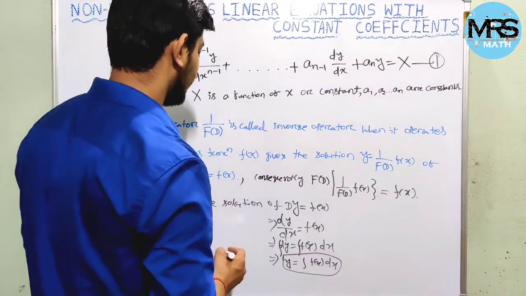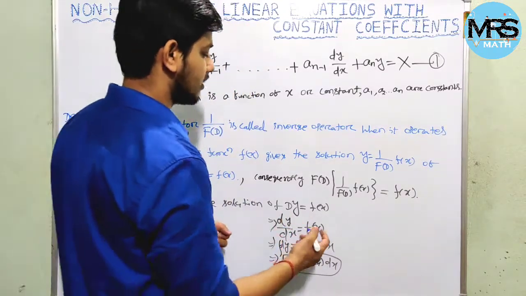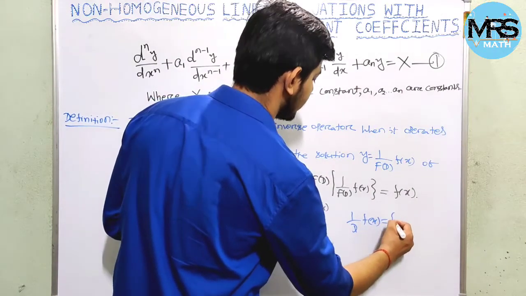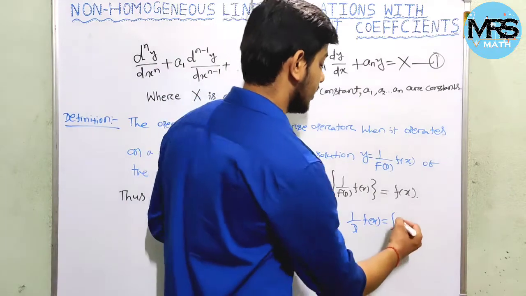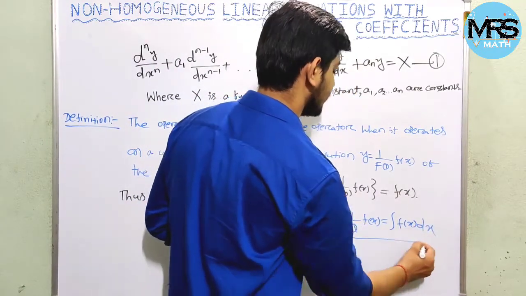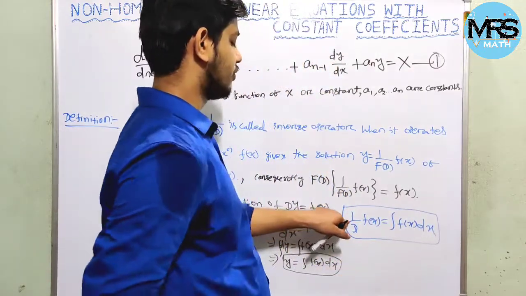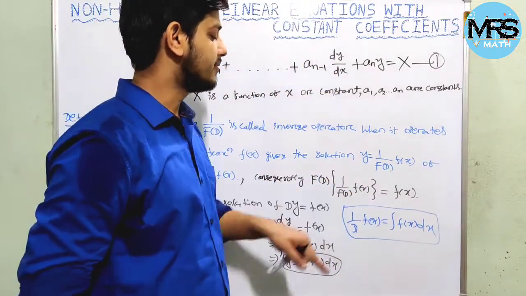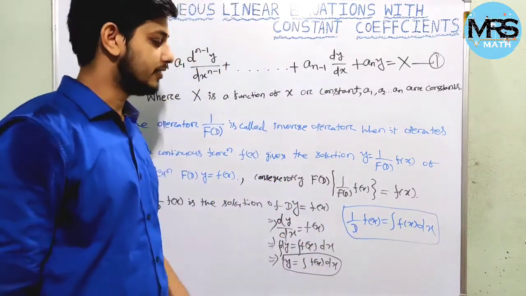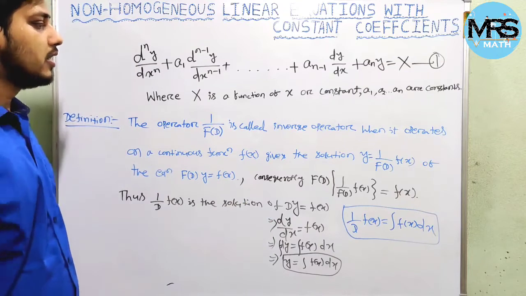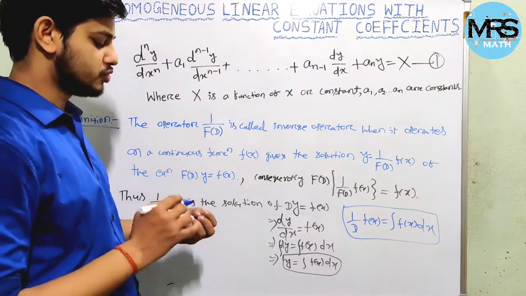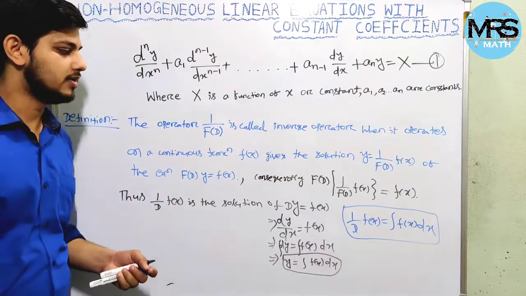So we can conclude that 1 by d f of x is nothing but integration over f of x dx. So this is the operator 1 by d. When it is operating on f of x, we will get integration of f of x dx. If you understood this one, now we'll proceed to the theorems which will help us to get the particular integral.